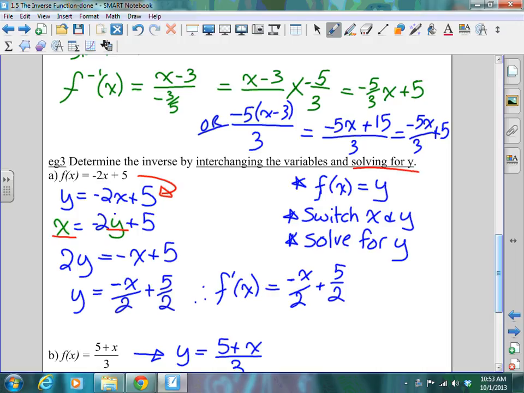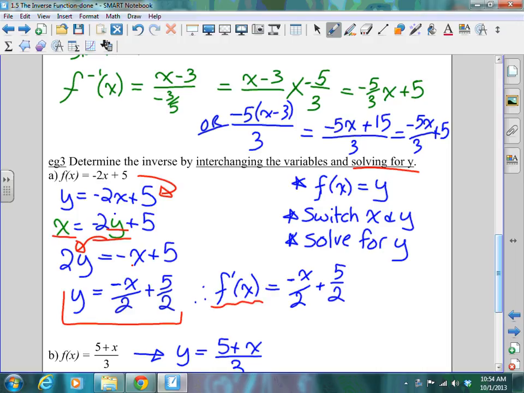So first of all, -2y is negative here, so we're going to bring it over. It becomes positive. Bring the positive x over, it becomes negative. And to get y by itself, you divide every term by 2. So in this case, y equals -x divided by 2 plus 5/2. Don't forget that it's really not y.